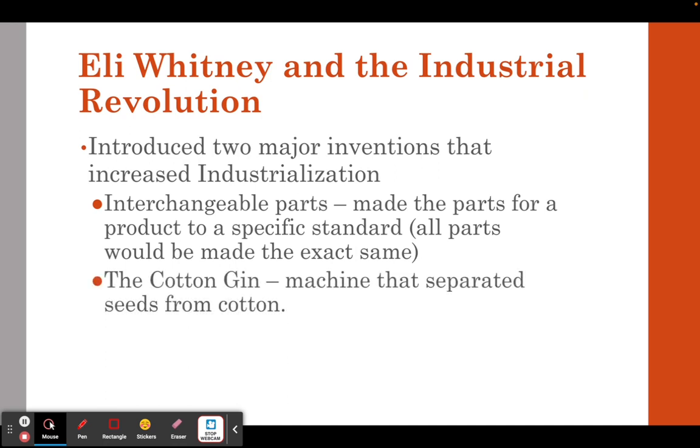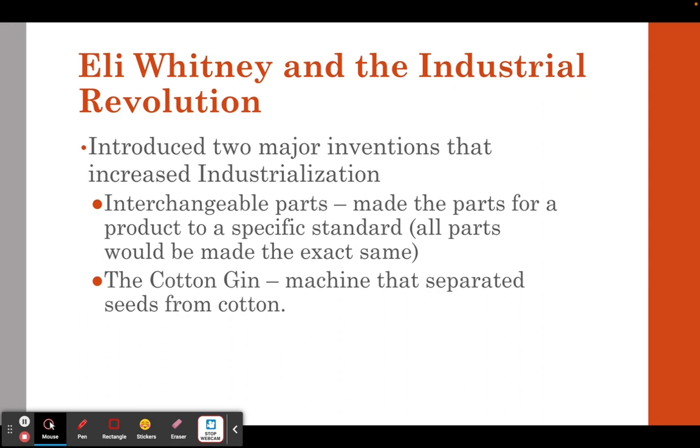But the big one we'll be talking about today is the cotton gin. This is a machine that separates seeds from cotton. Remember, we've talked about what resources were grown in the South, what major crops. Up to this point, it had really been tobacco and rice and indigo. Cotton wasn't really a popular thing because it was extremely difficult to clean.